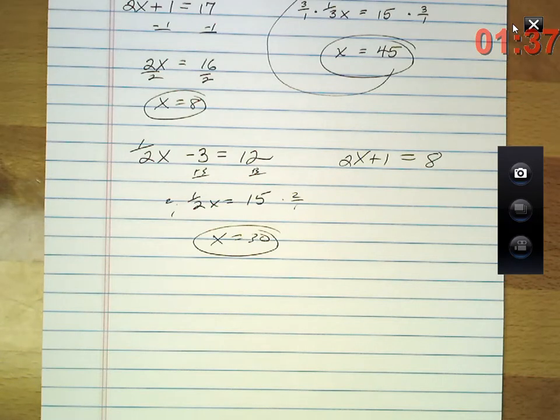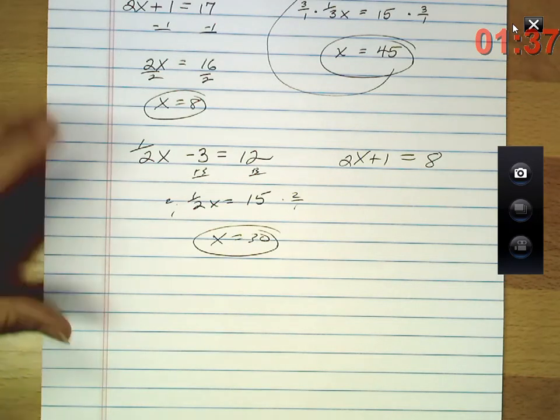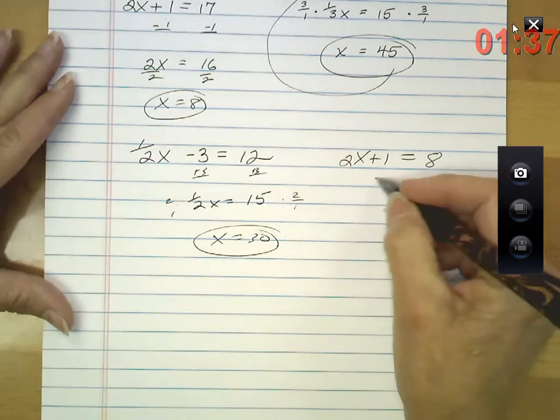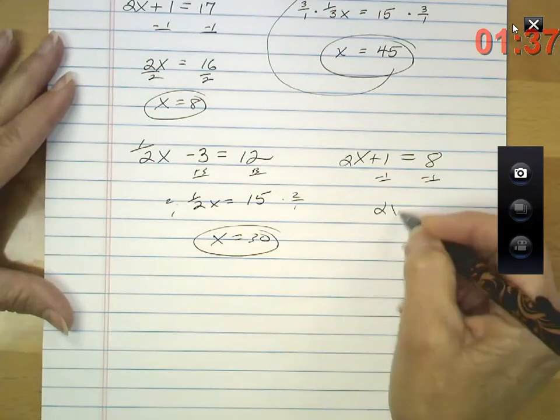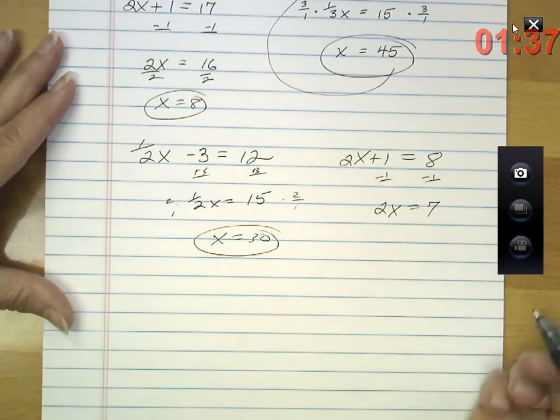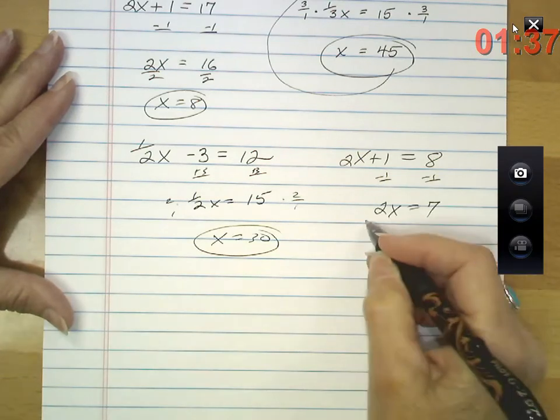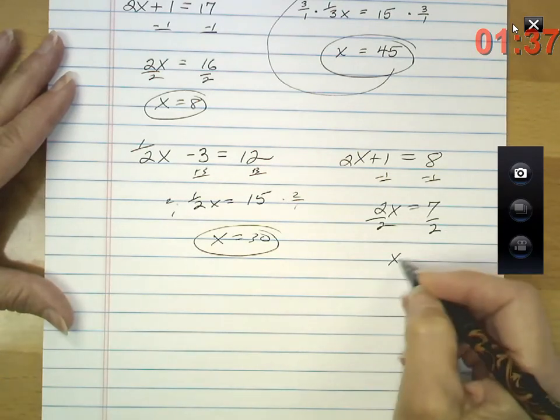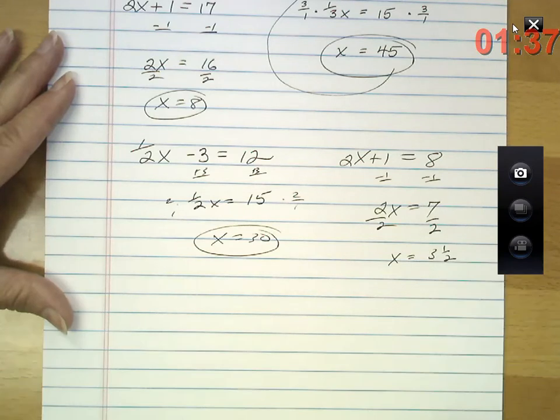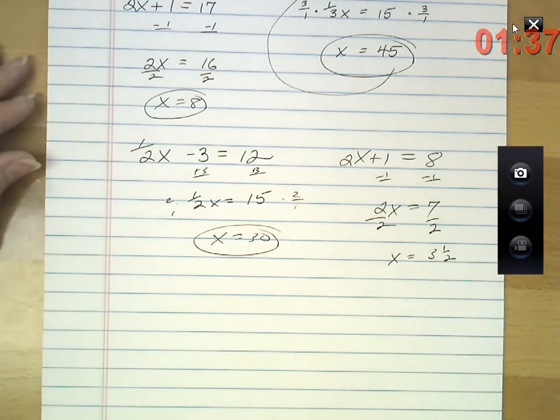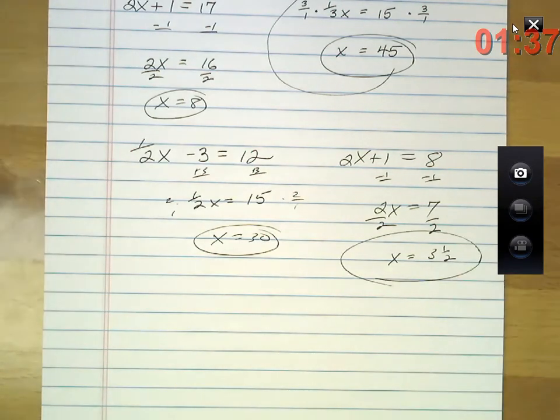You get a fraction? Okay. So if you subtract 1, 2x equals 7. This is multiplying, so do the opposite, or divide. So you get a 3.5. That's what I got with it.